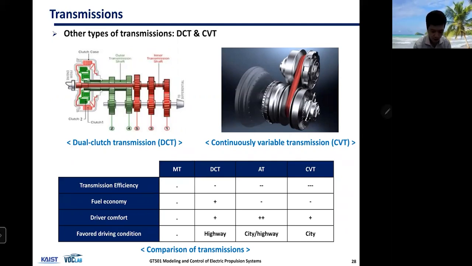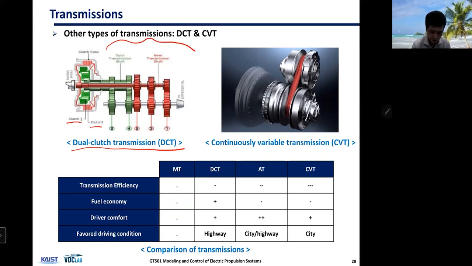The way dual clutch transmission works is you have two clutches replacing the torque converter or manual clutch, and the computer will control these two clutches. And by the way, the transmission itself is very close to manual transmission.